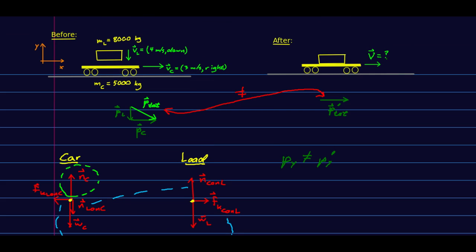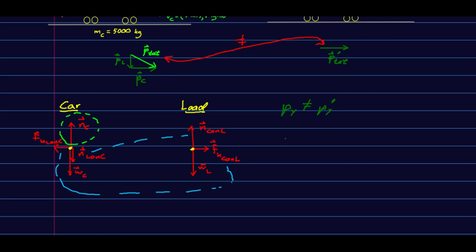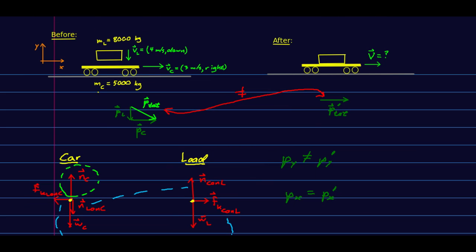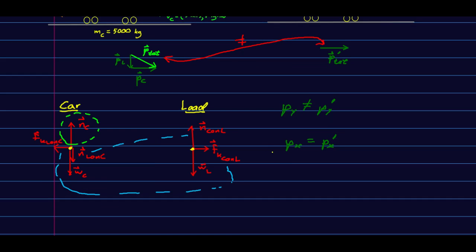We know what the vertical component of velocity is after. It's 0. However, because there are no horizontal forces causing momentum to not be conserved, the horizontal component of the momentum is conserved. And so now we can go ahead and work with that, because all we have initially, only the car is moving horizontally.